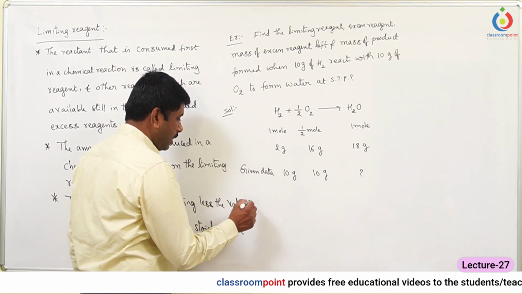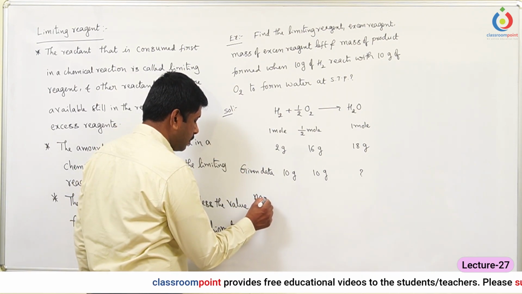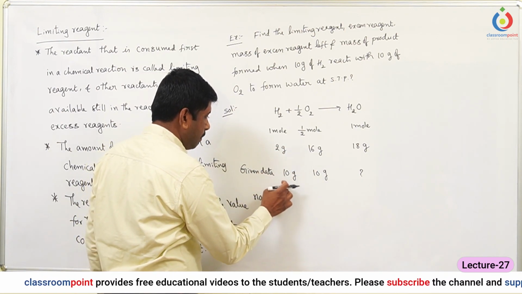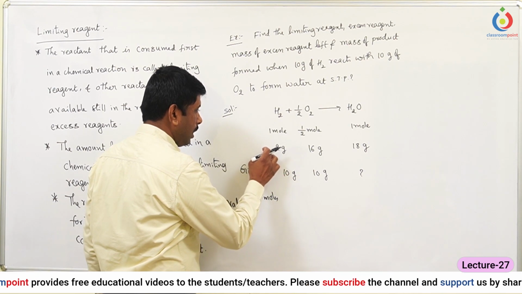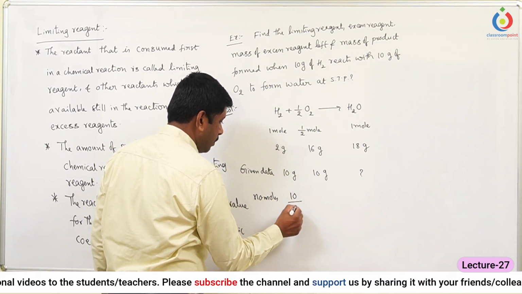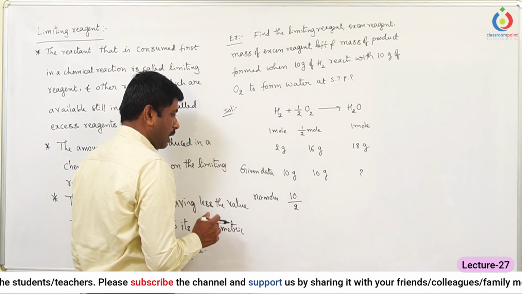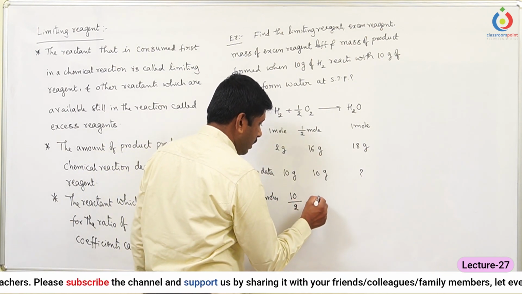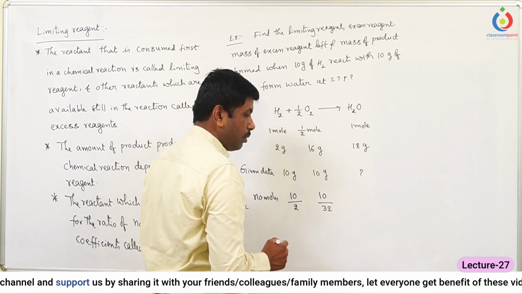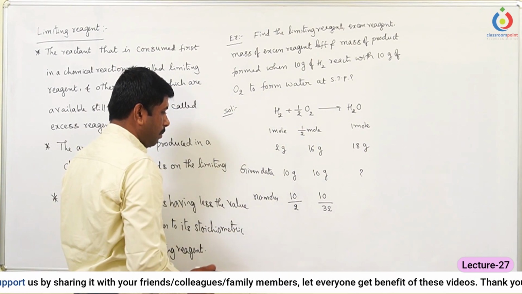Now let us find out the number of moles of each reactant. How to calculate the number of moles? Given mass by molecular mass. For H2, the given mass is 10 grams and its molecular mass is 2 grams. For O2, the given mass is 10 grams and the molecular mass is 32 grams. So this is the number of moles.